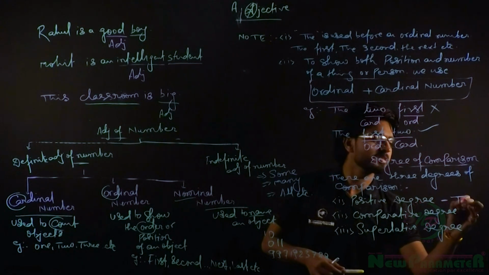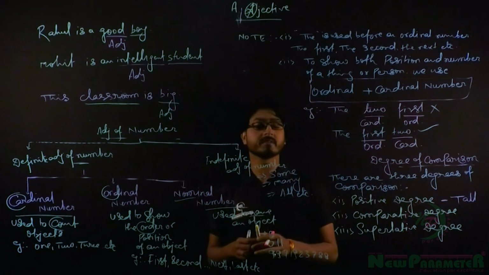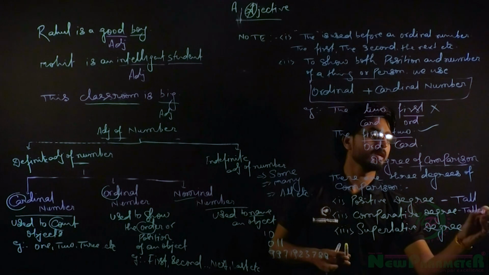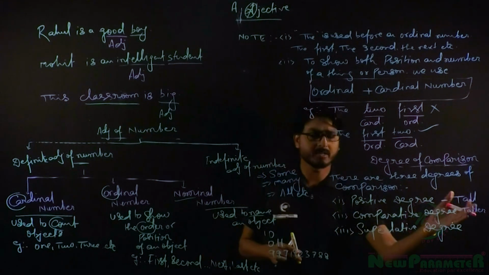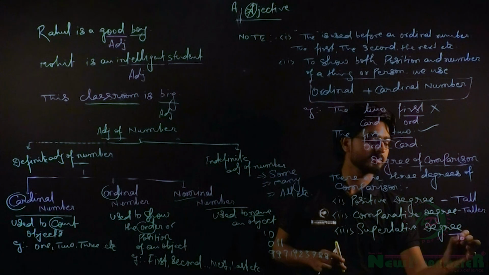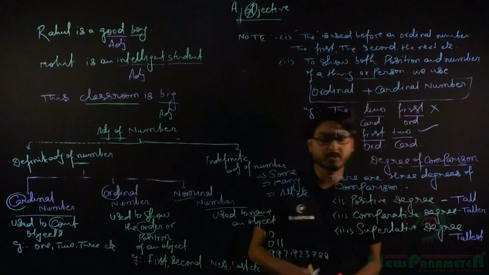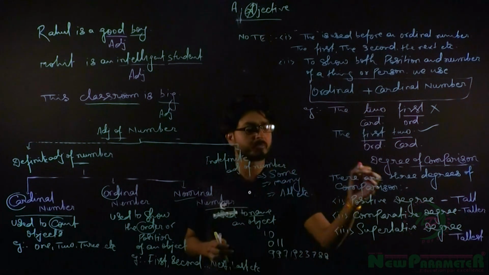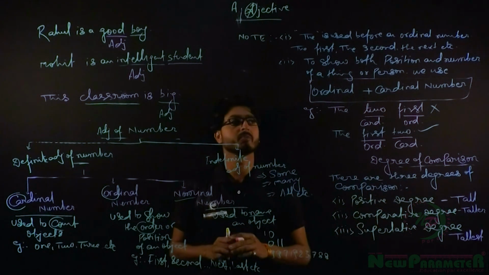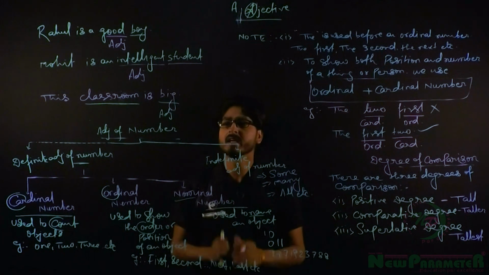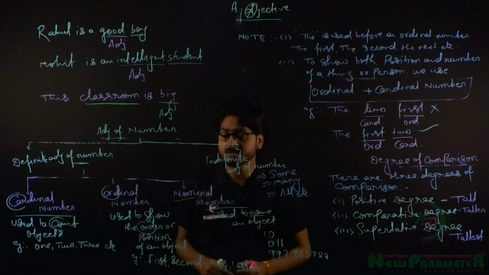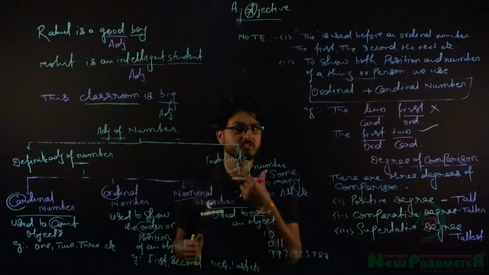Suppose I say tall. The comparative degree of tall is taller, and the superlative degree of tall is tallest. We have to know the use of positive, comparative and superlative degrees a little later. So I hope you have got it very well, and I request you all to memorize and revise all these things, and keep learning and keep smiling. Thank you.